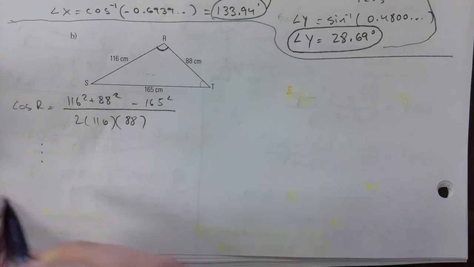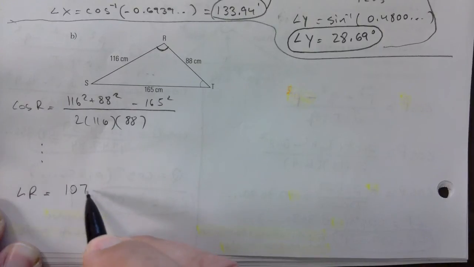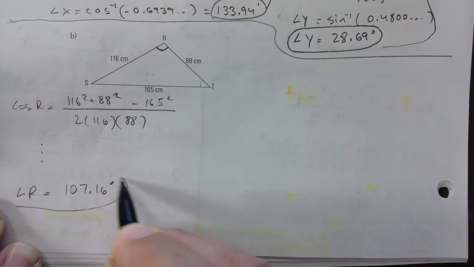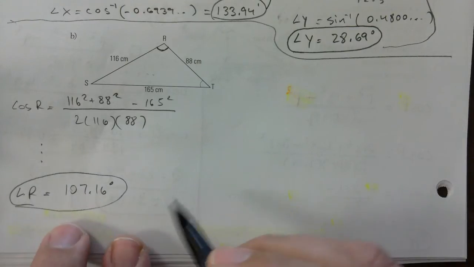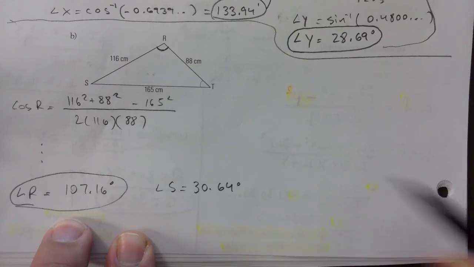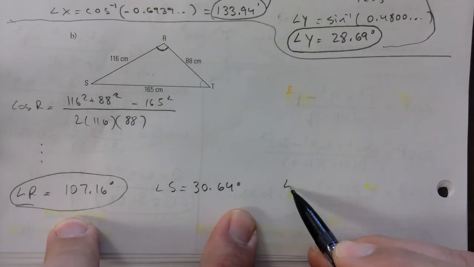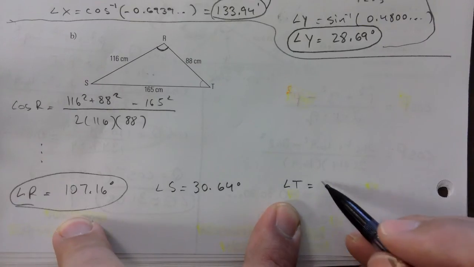Dot, dot, dot. Angle R is going to be 107.16 degrees. Because I think at this point you know already. Angle S is going to be 30.64 degrees. And angle T is going to be 42.20.